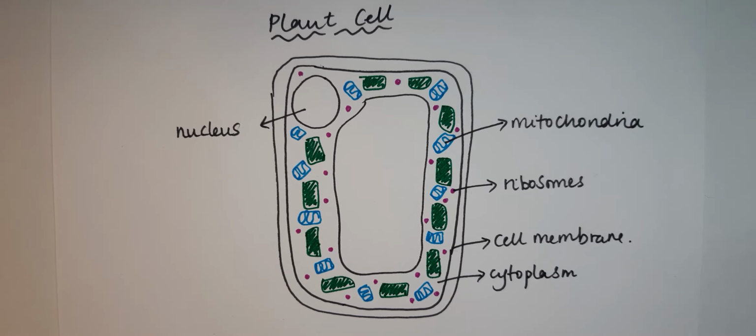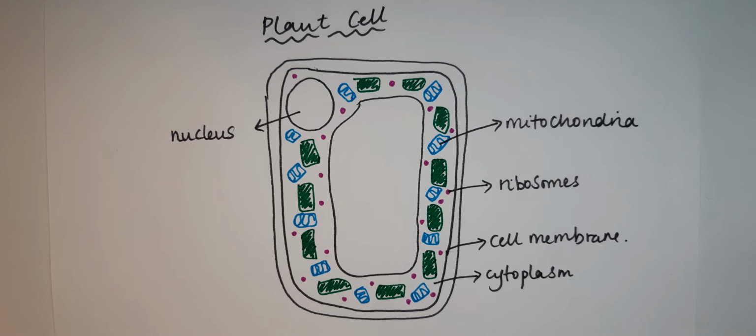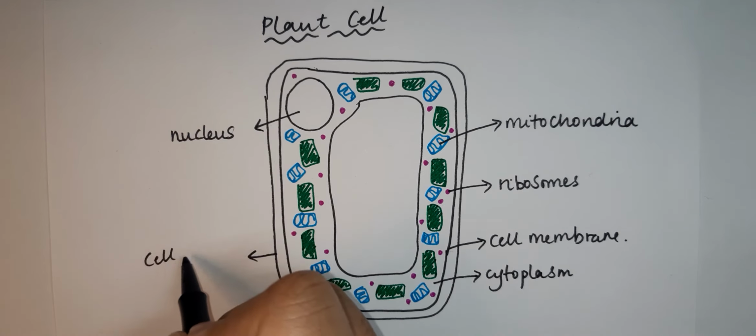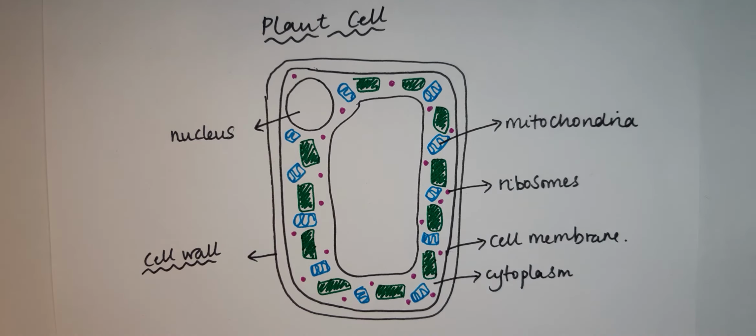However, there are three extra things in a plant cell that the animal cell does not have. And the first thing is a cell wall. So this out here is the cell wall. And what the cell wall does is that it supports the cell and it strengthens it, and it's made of cellulose.